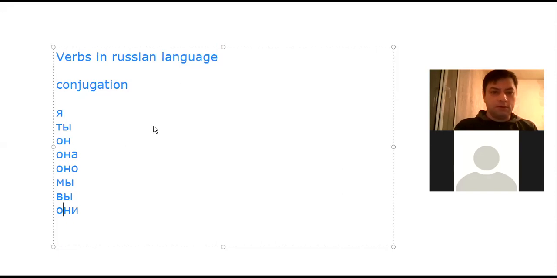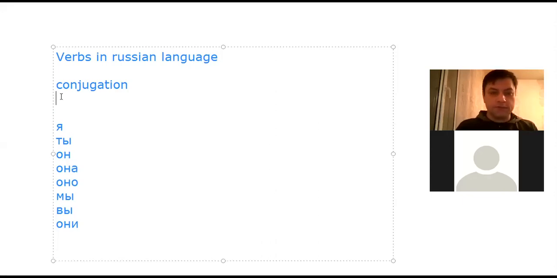And the verb that we're going to learn today is the verb знать, which in English means to know.